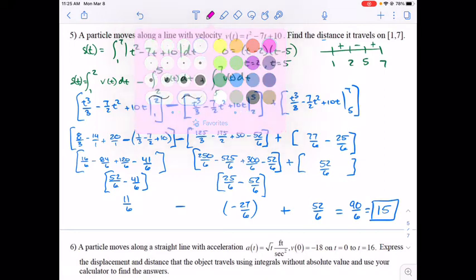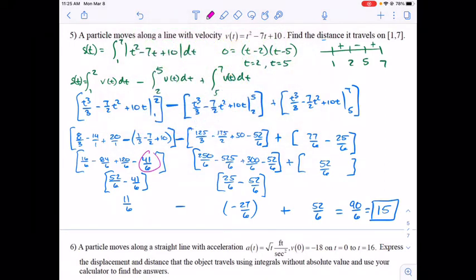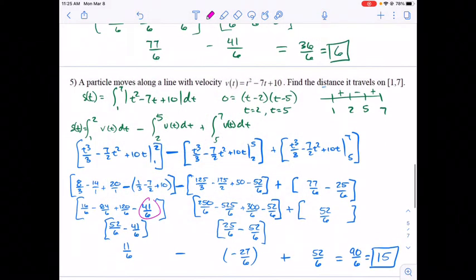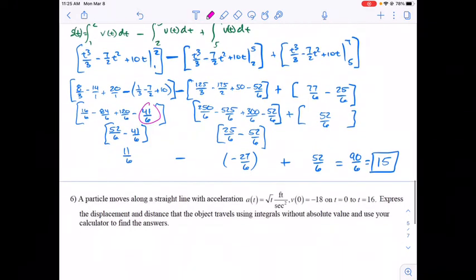Now, this one here, we get 8/3 minus 14 over 1 plus 20. Because they're in thirds, we want to put them into sixths, which is what our last problem was. So that gives us 52 over 6 minus 41 over 6, which gives us 11 over 6.